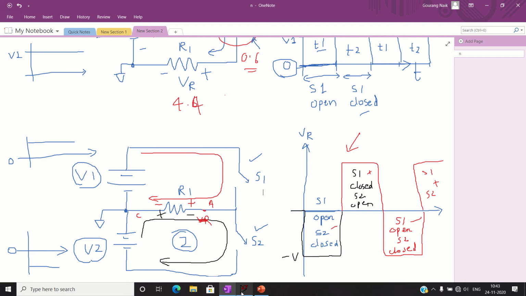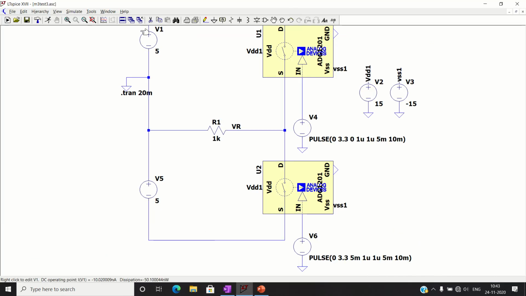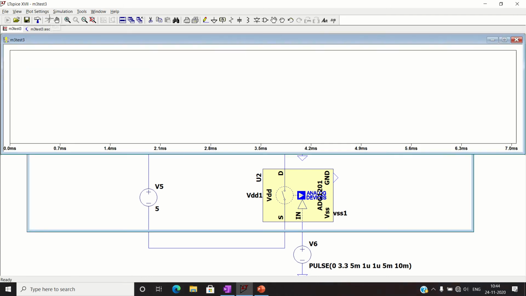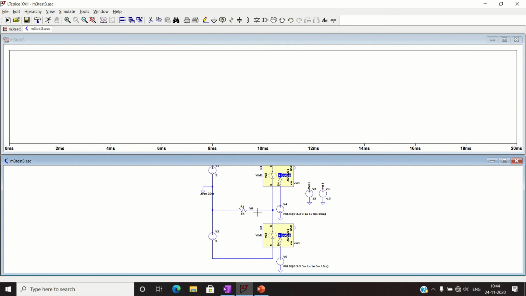So the top side voltage is 5, the bottom side is also 5, and I am using the same switch with the same parameters. The only difference is this switch turns on first and the second switch turns on next, after a delay. So I will run this and plot it.